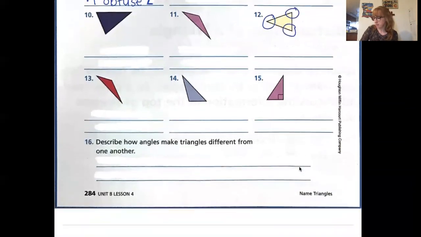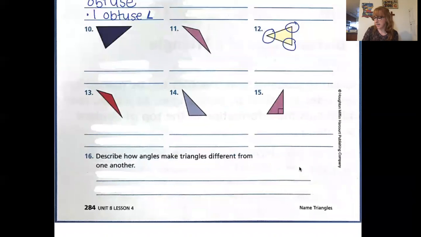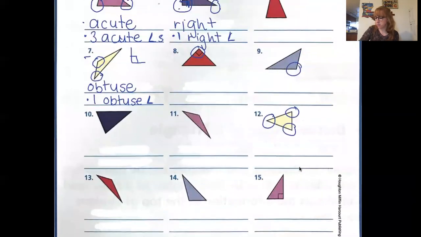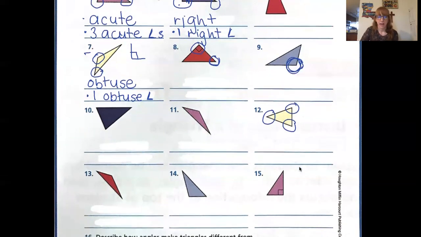Then when we get down to the bottom here, we talk about how angles make triangles different from one another. So if we're looking at the measure of the angles, right, a 90-degree measure, something less than 90 degrees, or something larger than 90 degrees, the difference in the angle size makes the difference in the triangle type.